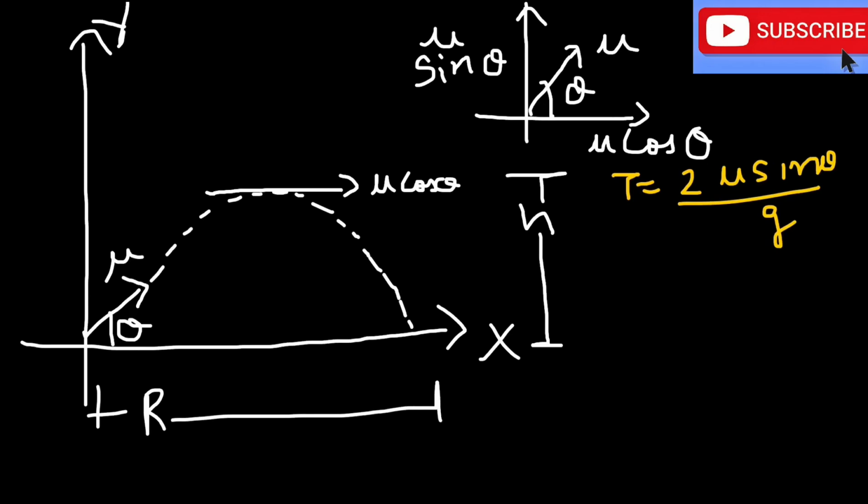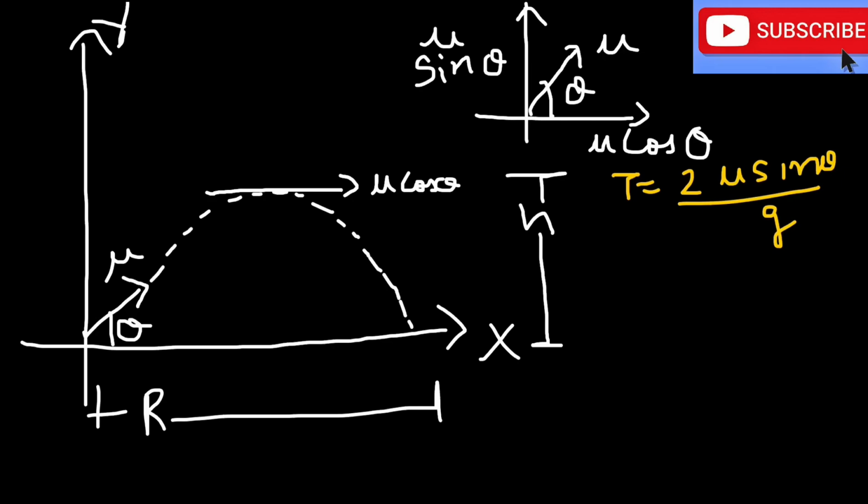Now let us apply our common sense. If we talk about the horizontal velocity, it is only u cos theta, and the vertical velocity does not contribute at all to the horizontal distance. So the velocity in the horizontal direction will be u cos theta, and that will be required for covering the range.